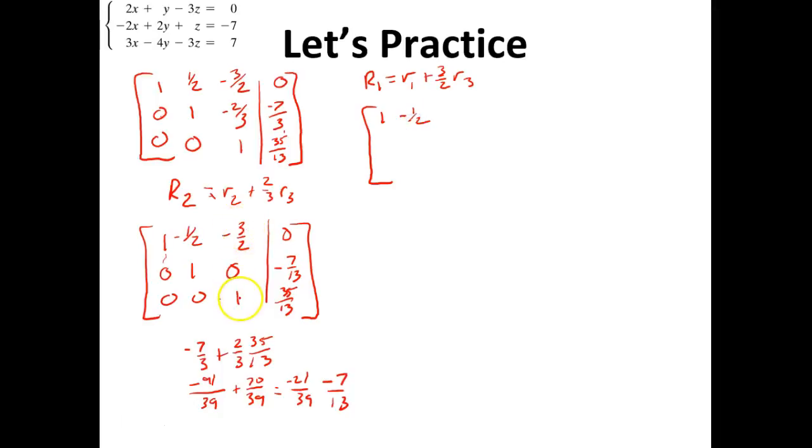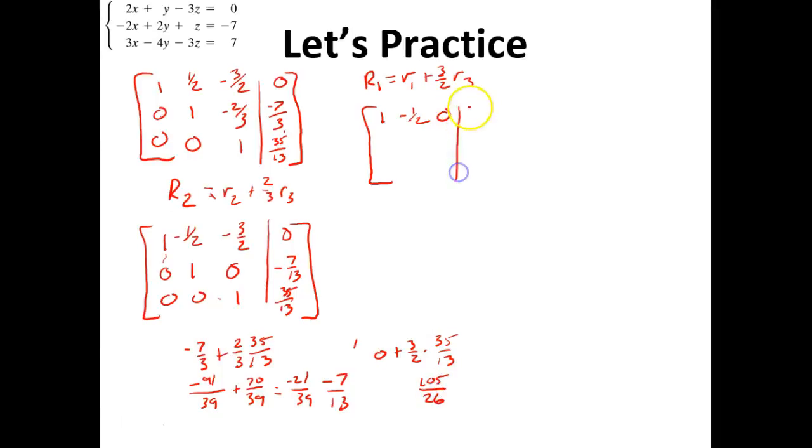This plus 3 halves of this is going to be 0, and 0 plus 3 halves of this, 35/13, is going to be, I don't see anything that simplifies this time, so 35 times 3 would be 105, 105/26.